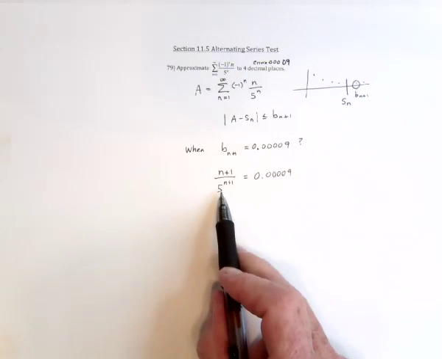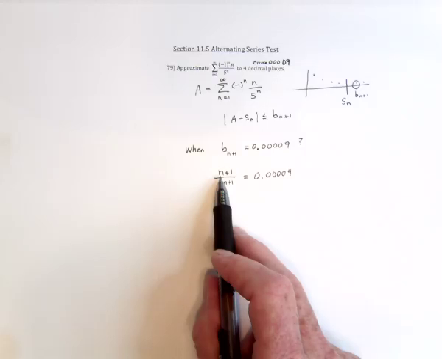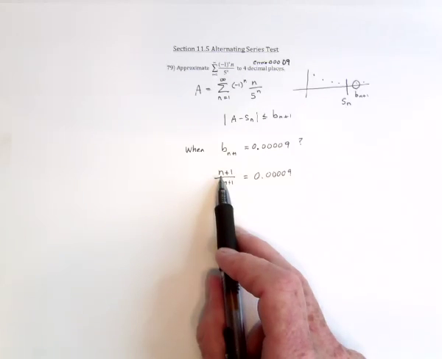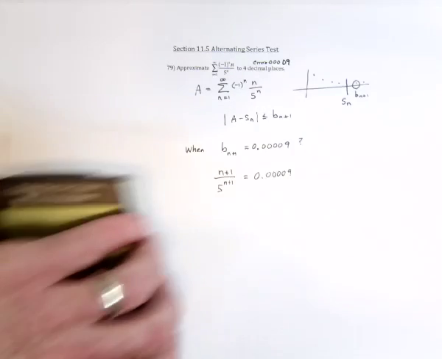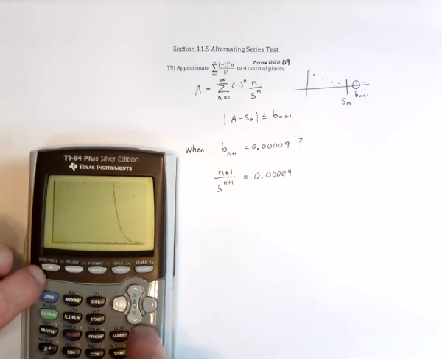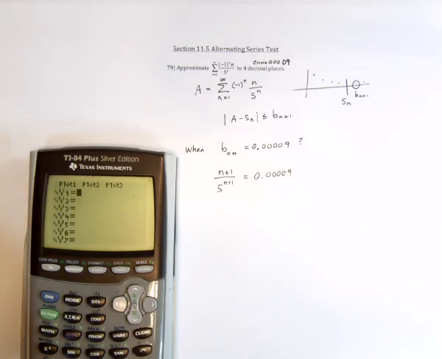Since this function has exponentials, you would have to use logarithms to solve it. Since it has algebra, you would have to use the rules of algebra. 2 different systems. So we're then going to use the calculator to figure this out. So we have x plus 1 divided by 5 raised to the x plus 1.